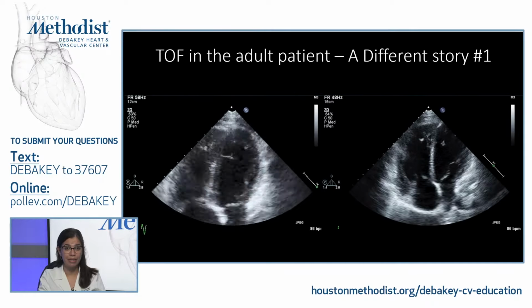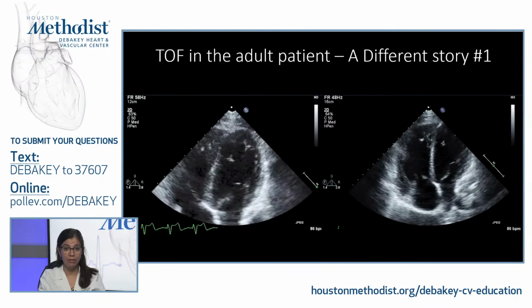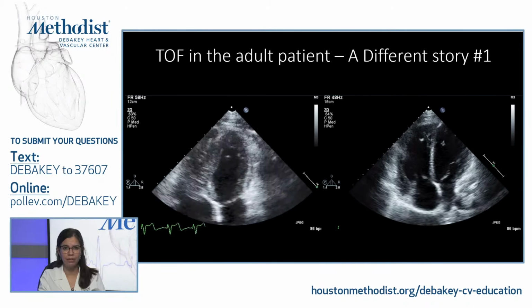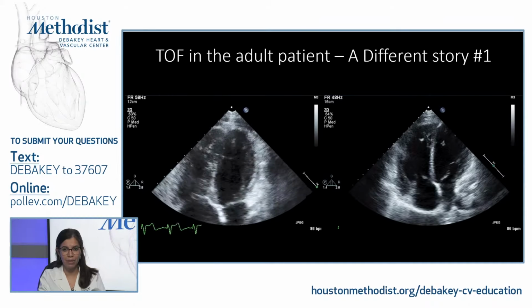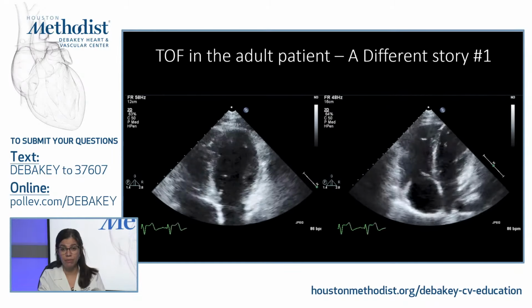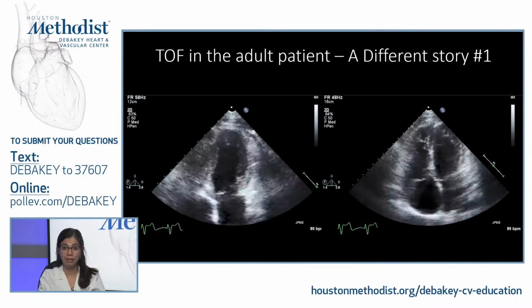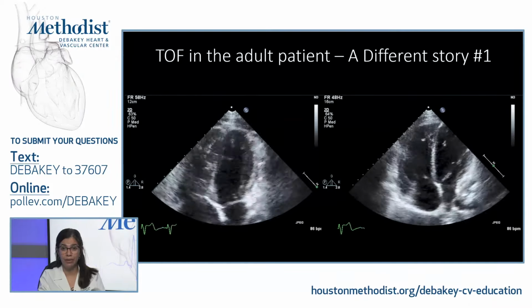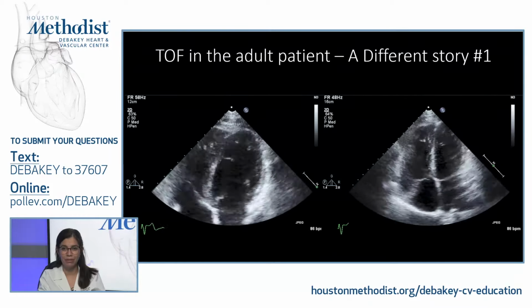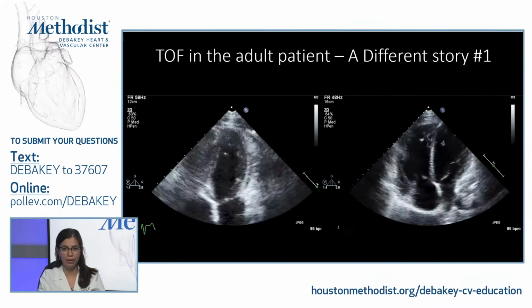We're trying to assess the RV size and function, and you can see that with large right ventricles, it's sometimes hard to get a good look at all the walls. That's why we sometimes need to obtain images that are a bit off axis and foreshorten the left ventricle, just to assess all the walls of the right ventricle.